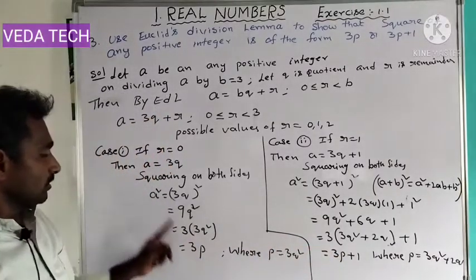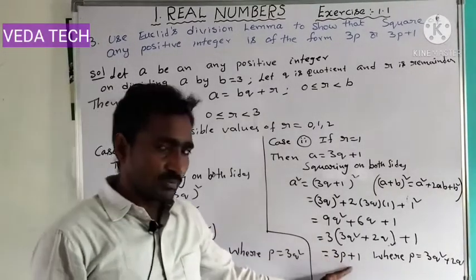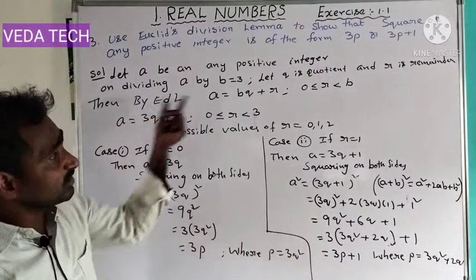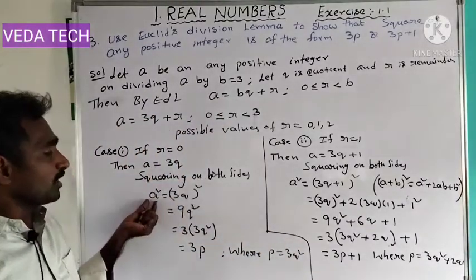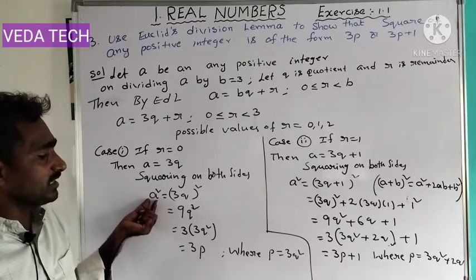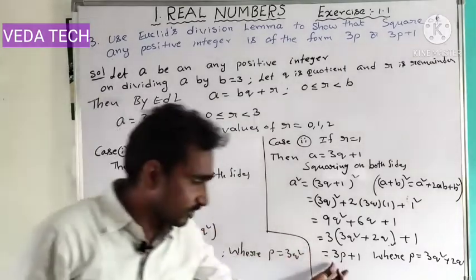Let this be p, so a square is equal to 3p plus 1, where p is some integer, p equal to 3q square plus 2q. Therefore, the square of any positive integer is in the form of 3p or 3p plus 1.